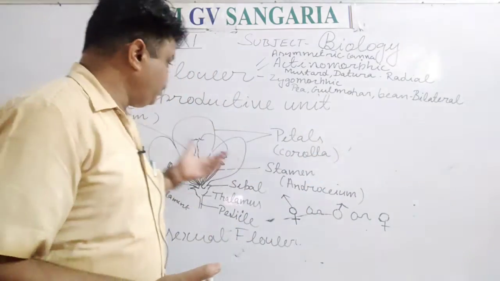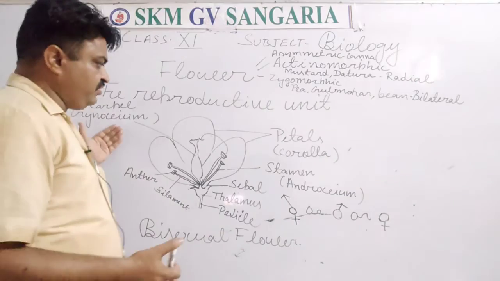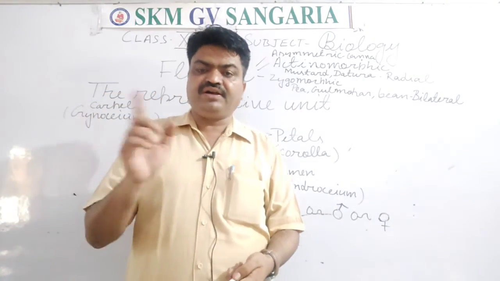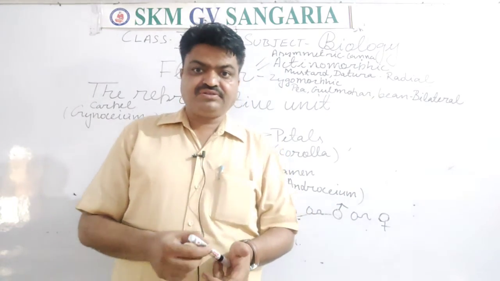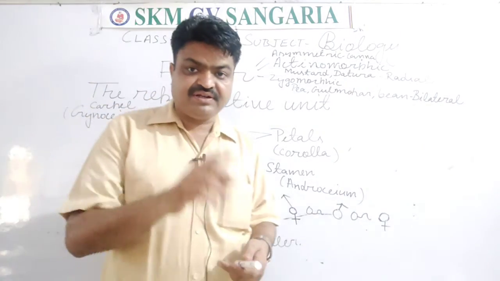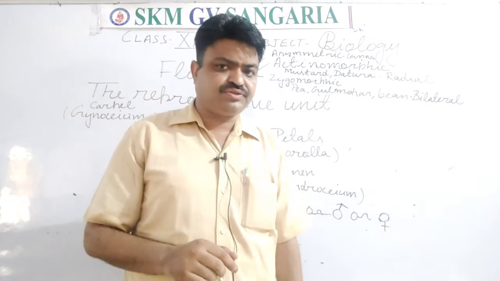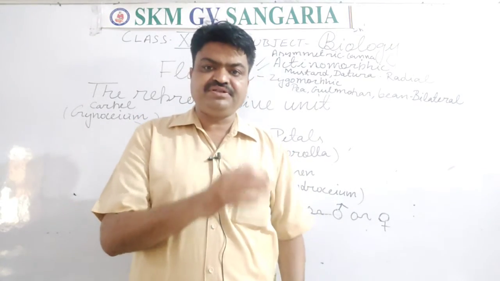Now what is the site of fertilization here? So in that, what will you write? You will write that the gynoecium is the site of fertilization. It means fertilization takes place inside the gynoecium, and this fertilization takes place with the help of one particular movement, student, and that movement is known as chemotropism.